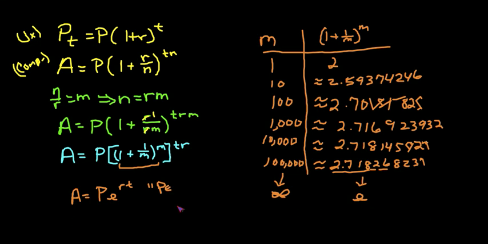And if you've had me in class, you know, we just refer to it as PERT, as a little mnemonic to help you remember that. r is your rate, t is your time, P is your principal. This will be the formula we'll use when we're compounding continuously.